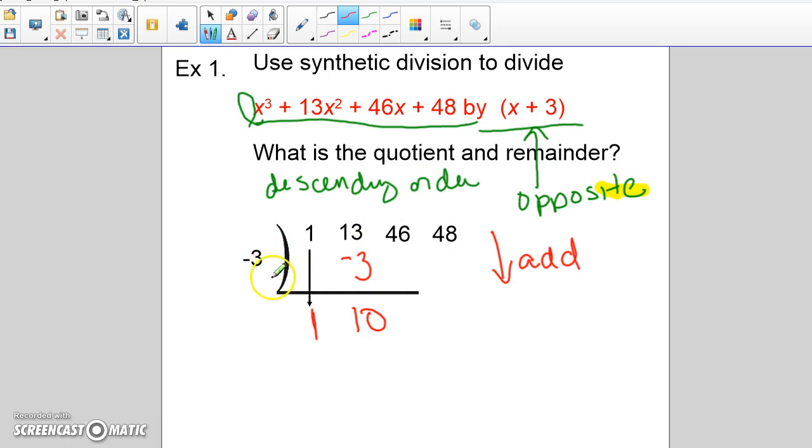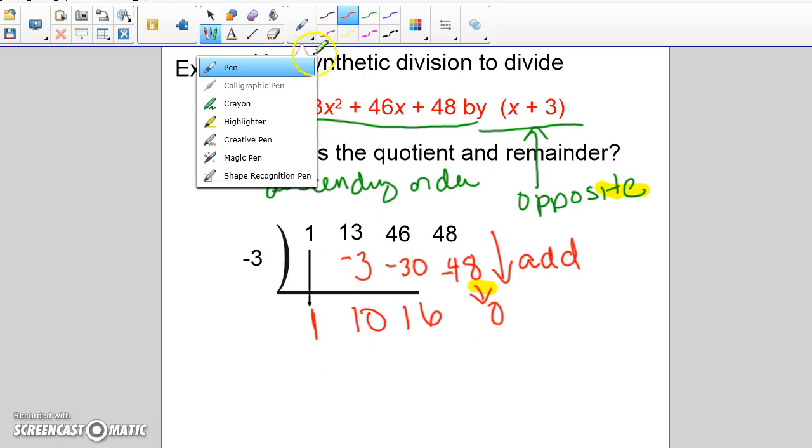Now I take negative 3 times 10. That gives me a negative 30. I add going down. 46 minus 30 is 16. Then I do this multiplication. What's negative 3 times 16? That gives me a negative 48, and that goes to 0.